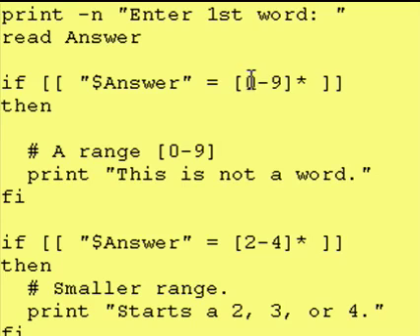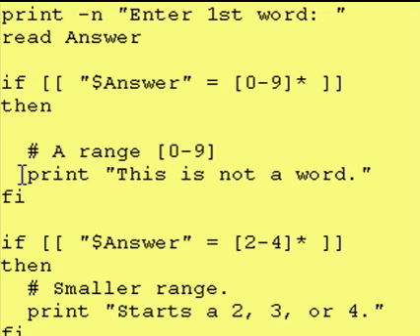Here we're giving it another range, but we're putting a dash in, and what this means is numbers 0 through 9. In other words, if this starts with a 0 through 9 and it's followed by anything or nothing, then this test is true.